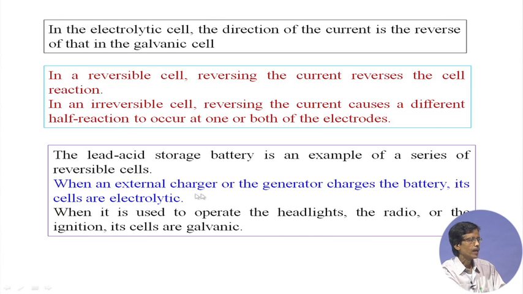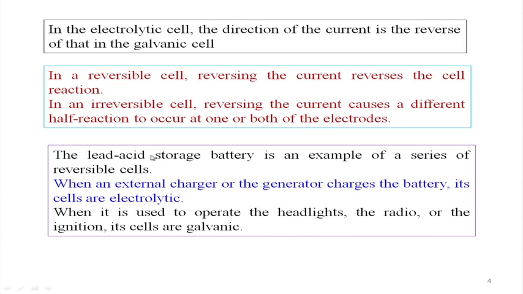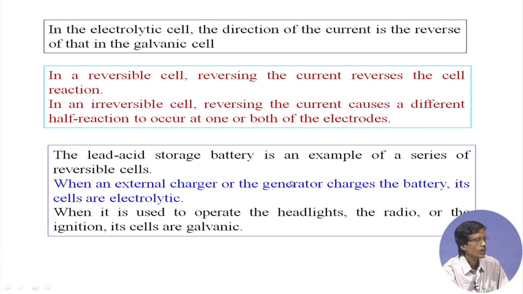The reaction of the acid with the lead plates gives rise to energy. When we are drawing energy, the battery is discharging, and its voltage potential decreases.